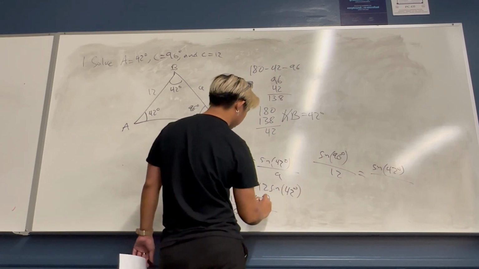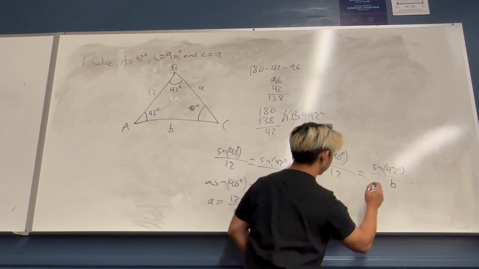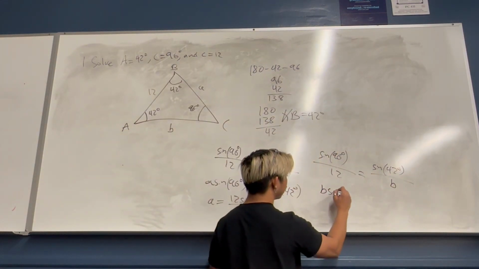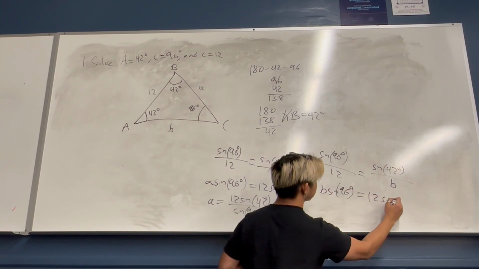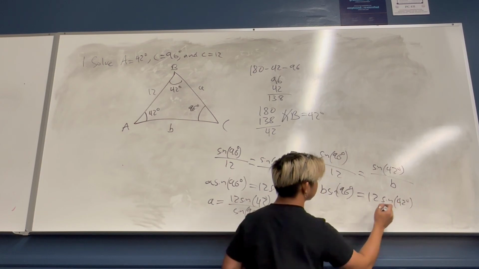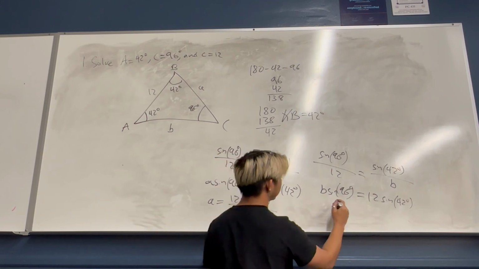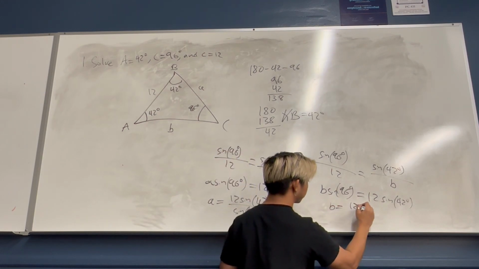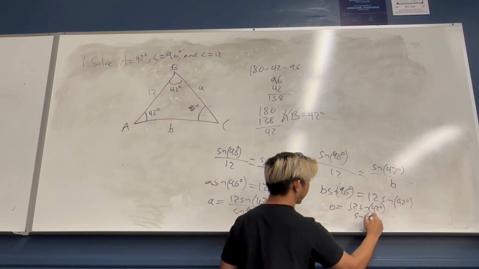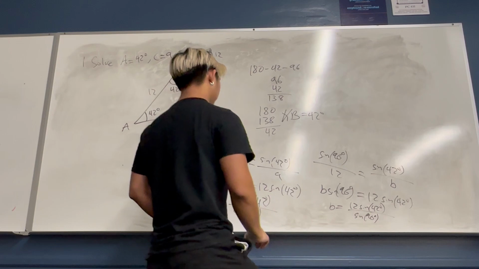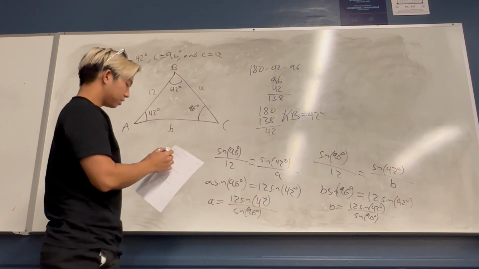They have the same angle. Sorry. Okay, so sine 42 over B. So cross multiply again. This becomes B sine 96 degrees equals 12 sine of 42 degrees. So if I isolate this again, B equals 12 sine 42 degrees over sine of 96 degrees. And so now we found side A and side B.